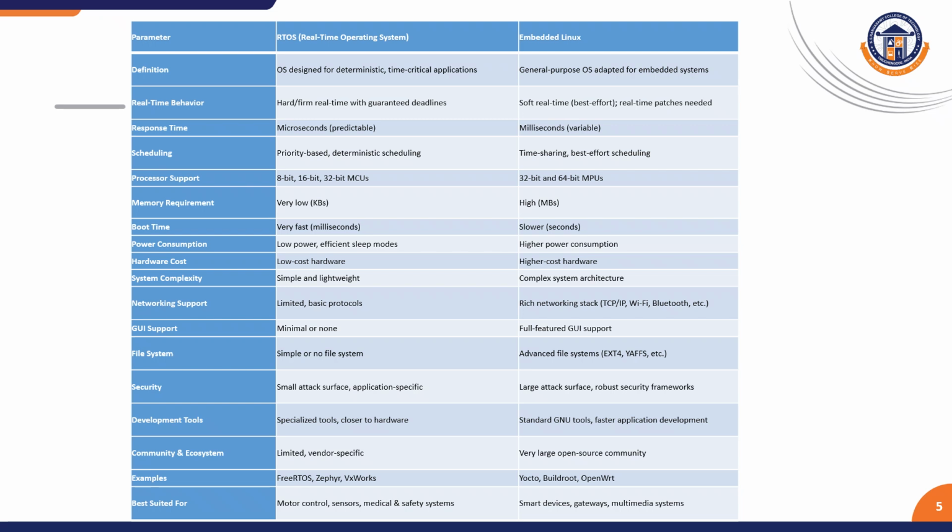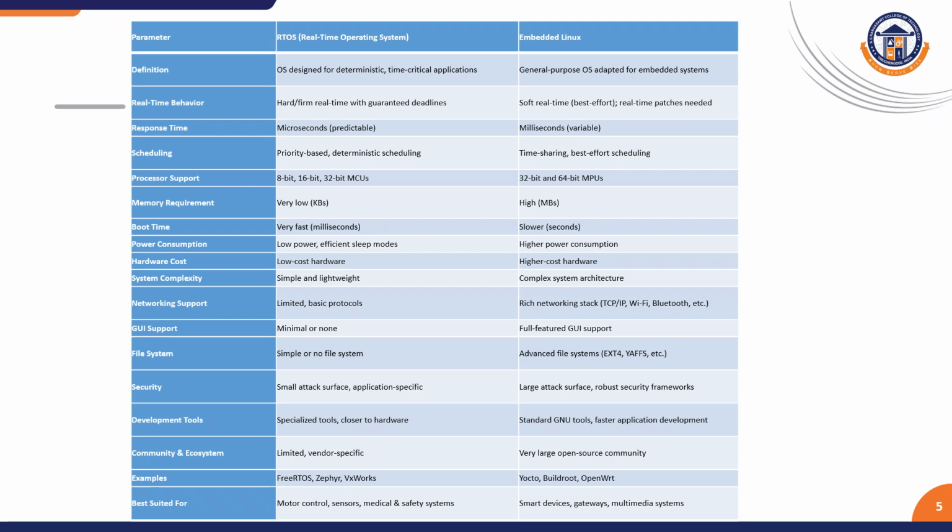Memory requirement: a real-time operating system doesn't consume much memory, very low, in terms of KBs, but embedded Linux needs memory in terms of megabytes. Boot time: a real-time operating system is very fast, in milliseconds or fractions of a second.